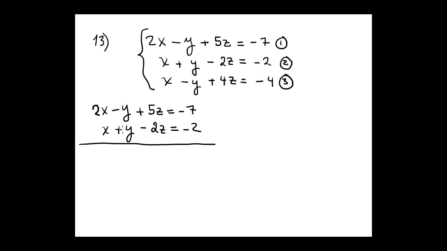Okay, when you add, this is 3x, the y part cancels out, plus 3z equals negative 9. If you divide this equation by 3, you have x plus z equals minus 3. This is equation 4.